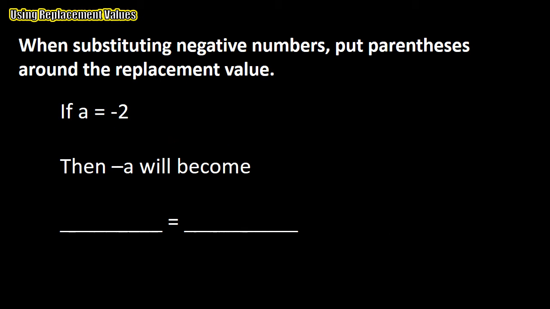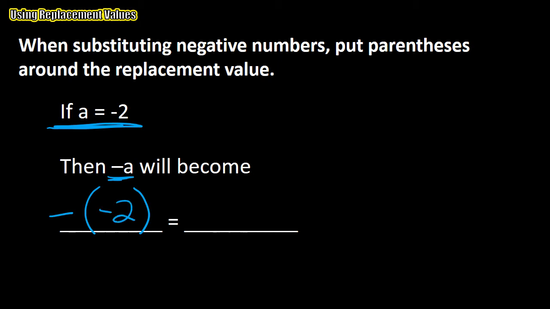Some helpful hints: when substituting negative numbers, we're going to put parentheses around the replacement value. What this means is that if a is equal to negative 2, we need to figure out what the opposite of a, or negative a, is going to be. So I'm going to put a negative, and then inside the parentheses, I'm going to highlight what a is. A is negative 2. You can see it looks kind of crazy.